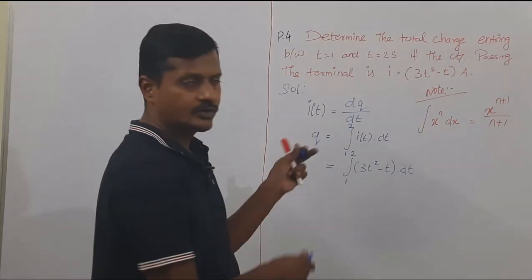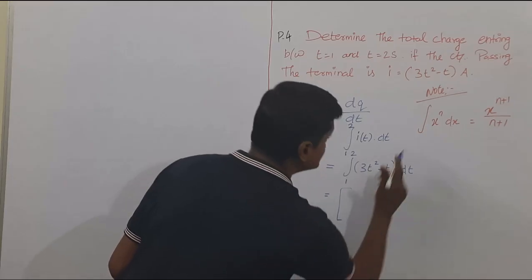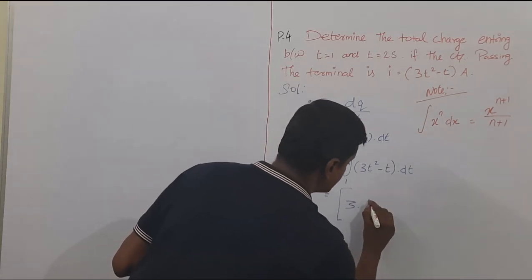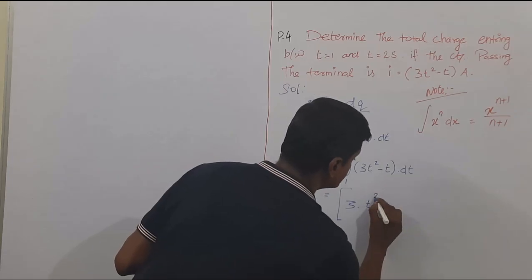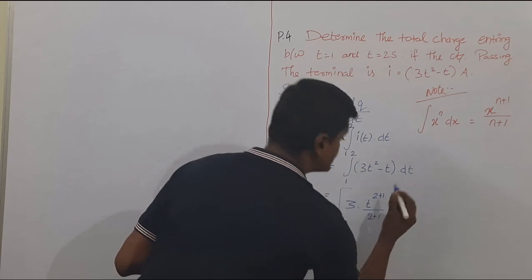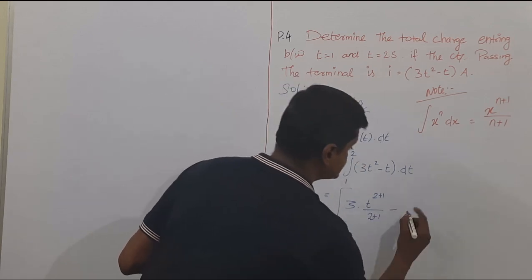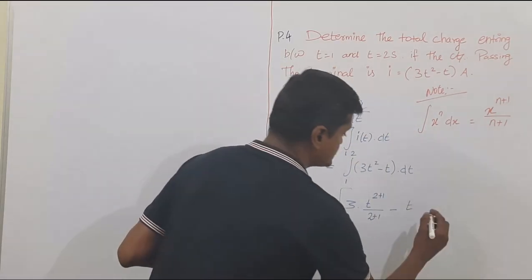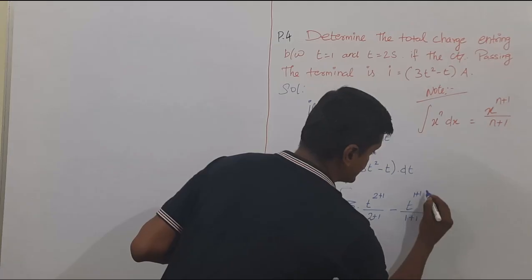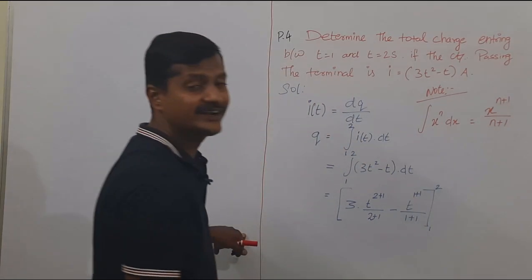Okay. So now we are integrating. 3 is a constant, so 3 into t power 2 plus 1 divided by 2 plus 1, minus t, the power is 1, so 1 plus 1 divided by 1 plus 1, with limits minimum and maximum.